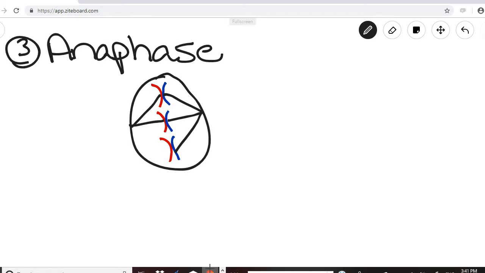Then what happens in anaphase is that these spindles pull on these so that one half of the chromosome gets pulled one way and the other half of the chromosome gets pulled the other way.